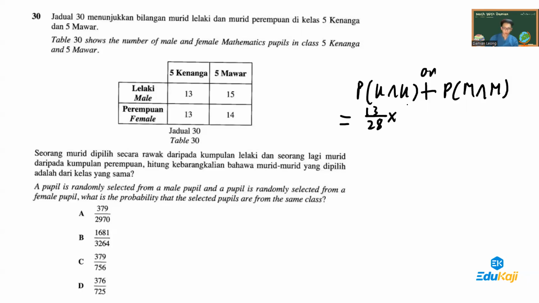Times girls from 5 Kenanga, 13 also. Total is 27. Both from 5 Mawa, 15 over male, 28 again. Then for 5 Mawa female, 14 over 27 female.